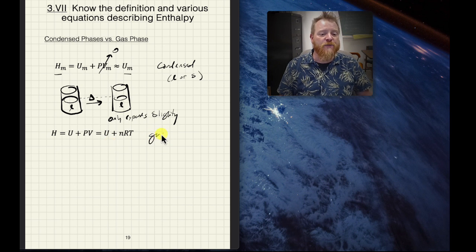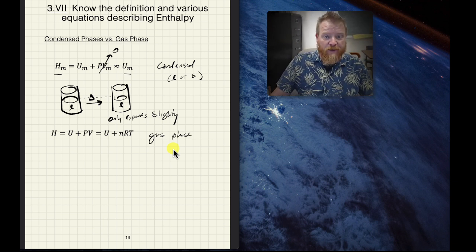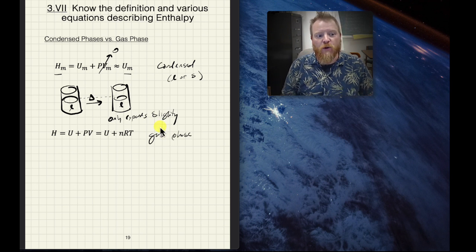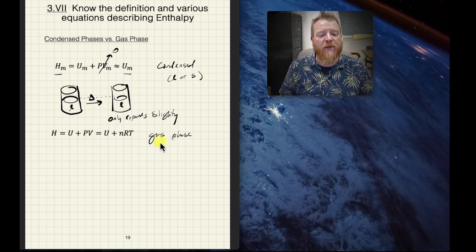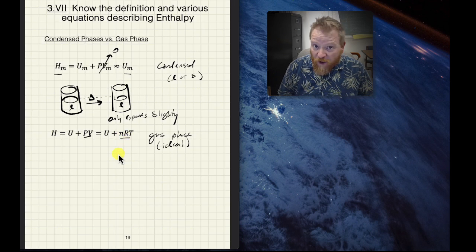For the gas phase, however, when we heat up a gas, related to our gas laws, it's going to change volume enormously. So we can't ignore that PV term. If we think of this in terms of an ideal gas, we can replace PV with nRT, right?